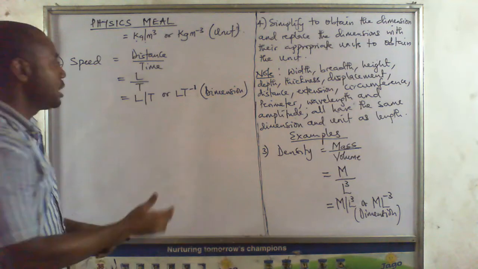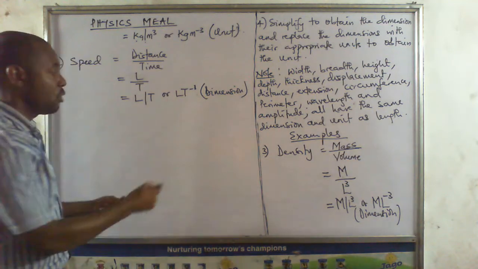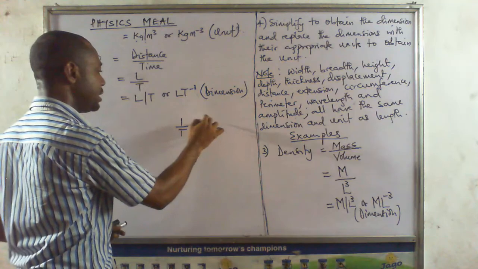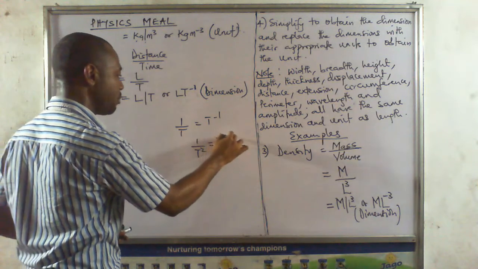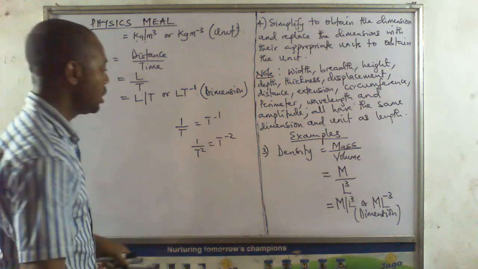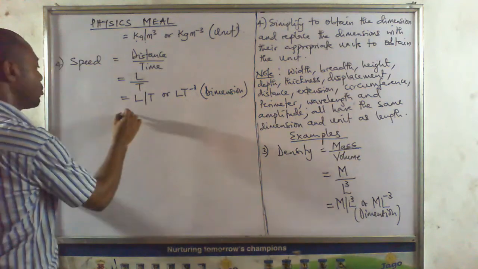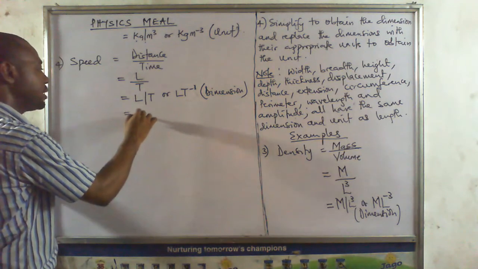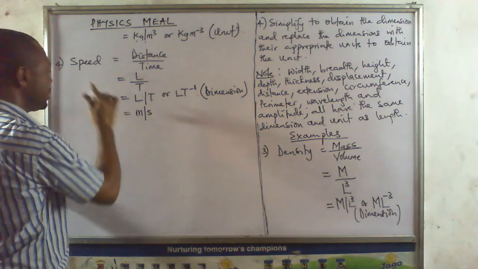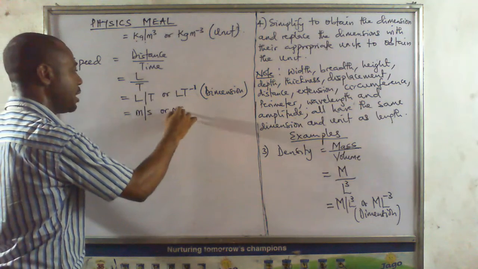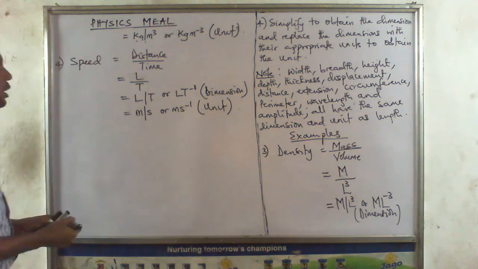Then, as we explained with the fourth law of indices, 1 over t is t raised to power minus 1, 1 over t squared is t raised to power minus 2, and so on. So what will be the unit? Quickly, the unit of length is meter, the unit of time is second. So meter per second, that's the unit of speed.